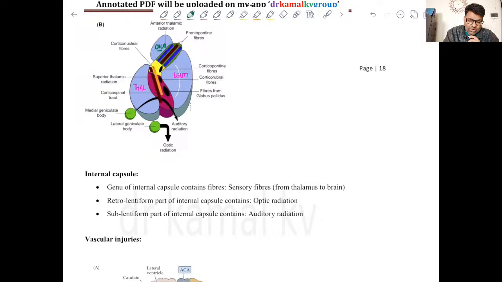So lenticular laterally, thalamus medially, and in between you can see the internal capsule, which has an anterior limb, posterior limb, and genu. Clear? And this angle is actually laterally. So this is the internal capsule.